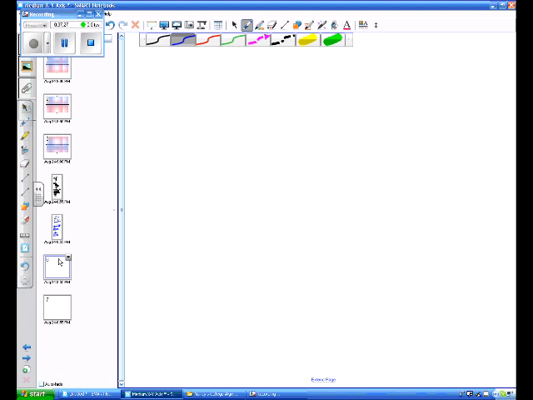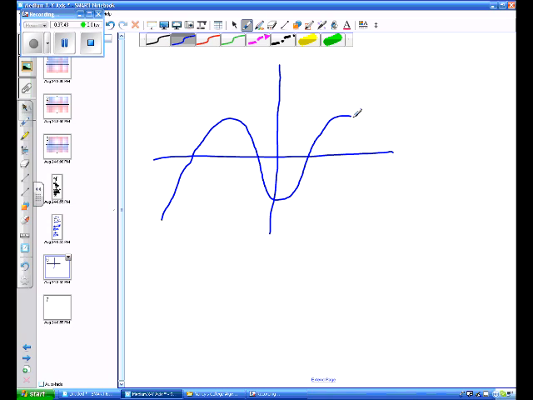Okay, let's look at one more. Let's say that this is our graph. So this one has lots of changes. And we're going to make this point, let's make that 1, 2, 3, 4.